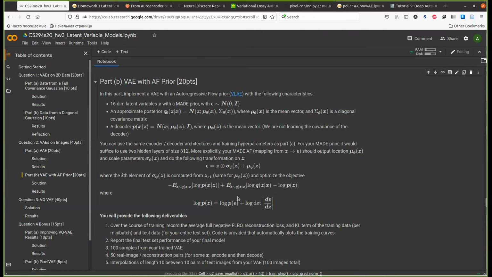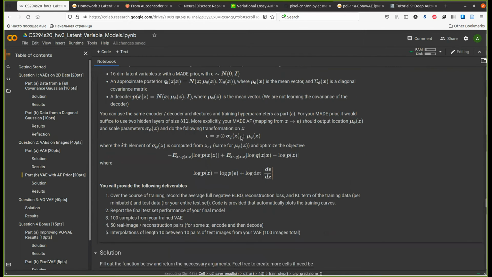The autoregressive flow is invertible, so we can take a random normal variable, feed it to the inverse flow, right? And reconstruct our latent variable associated with the flow, and use that during inference. And that is what we are going to do here.